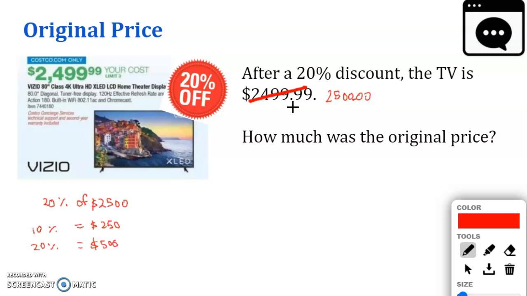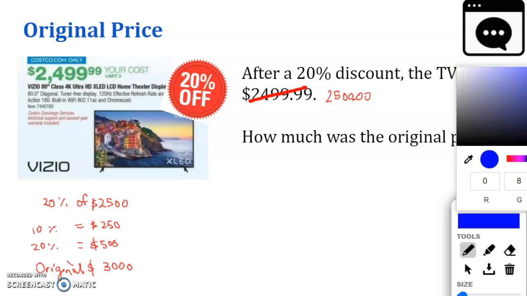And I might say, okay, so that's how much was reduced, so I am going to add 500 to 2,500. So the original price is $3,000. That might be what I'm thinking. Let's see if it works out.